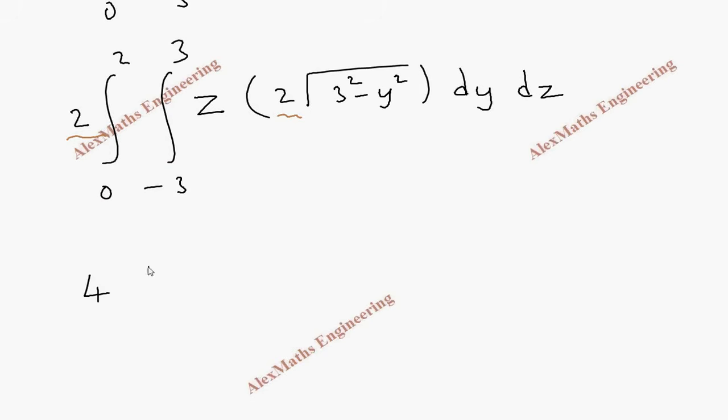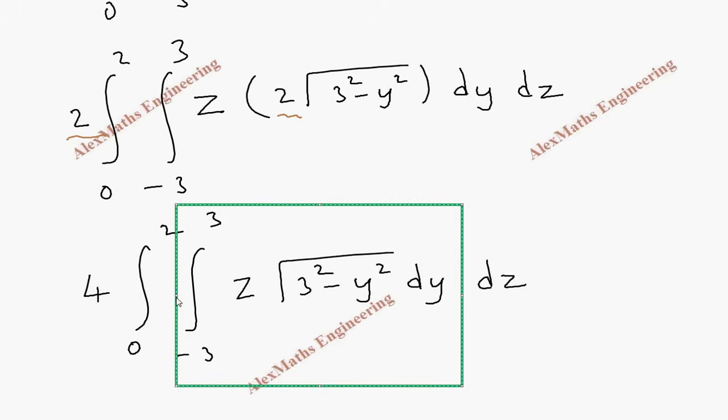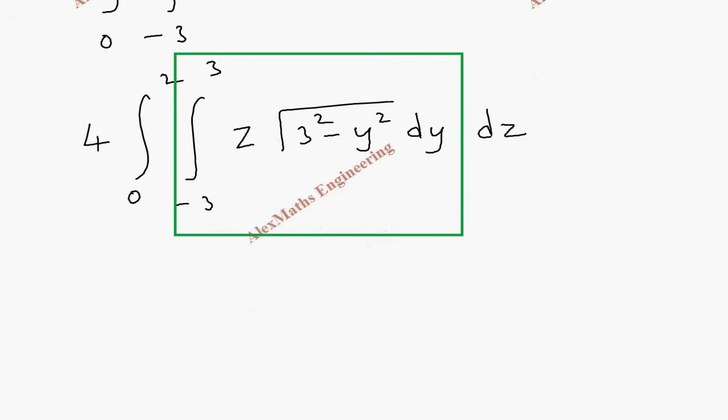So 4 integral 0 to 2, integral minus 3 to plus 3. Now z is a constant. We are going to integrate this term with respect to y using the formula, and z will be written as it is.